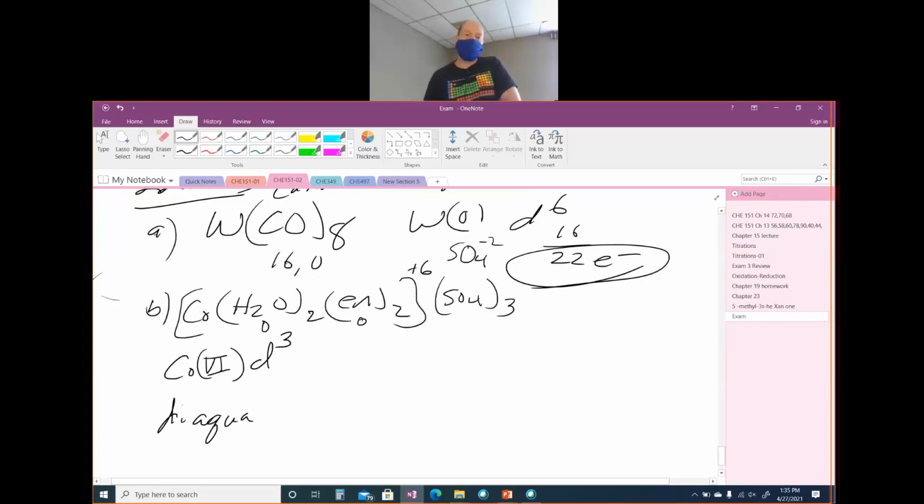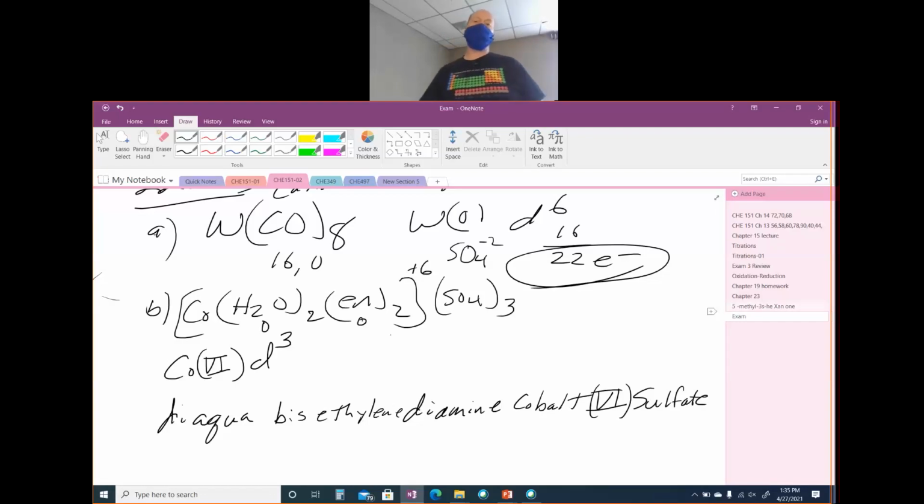Since the name ethylenediamine has a Greek prefix, we have to use bis(ethylenediamine). And then we have cobalt, and then that is 6. And then sulfate.